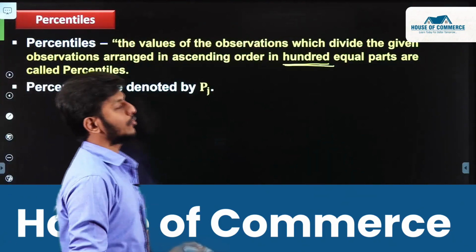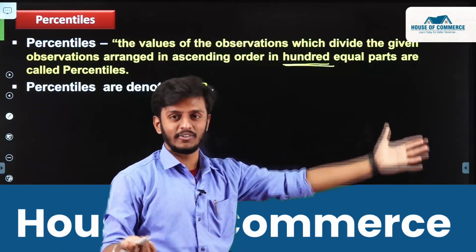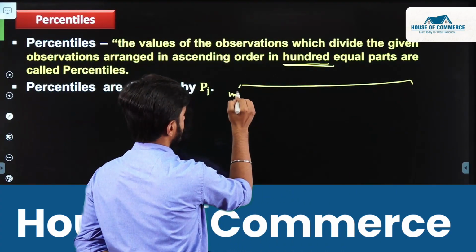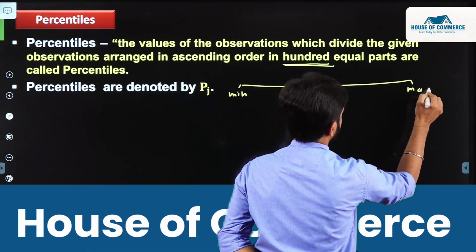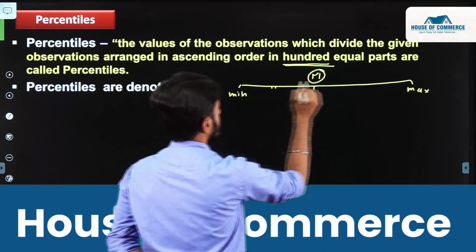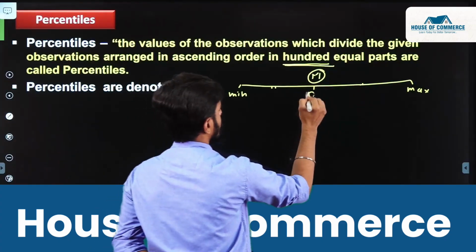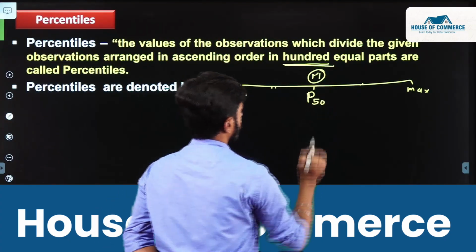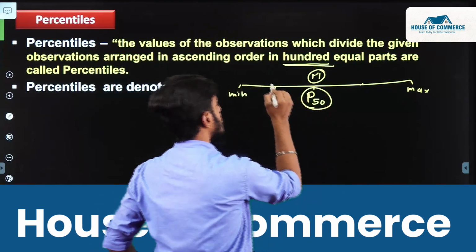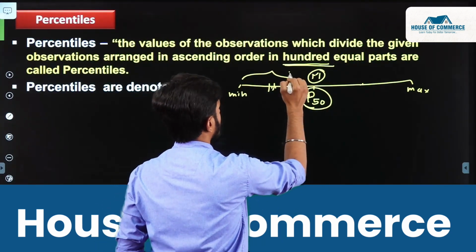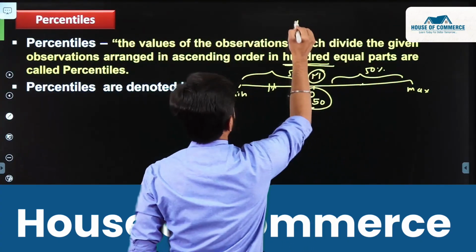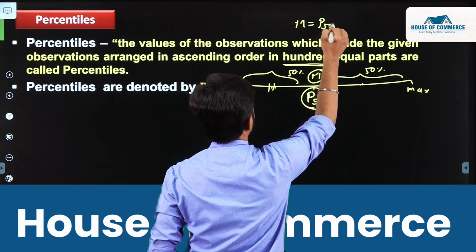I'm not going to divide all our observations in 100 equal parts, but you can understand properly by observing such a diagram. This is the median, which divides all the observations in two equal parts, and at the center we can get the P50, which divides all the observations in two equal parts. So we can also write that M equals P50 from the percentile.